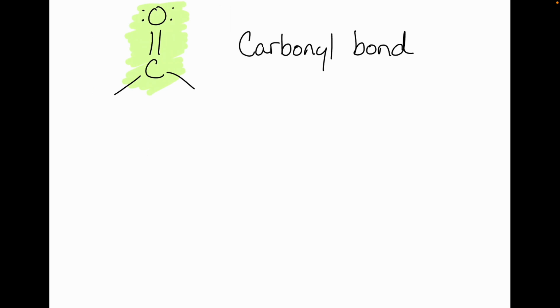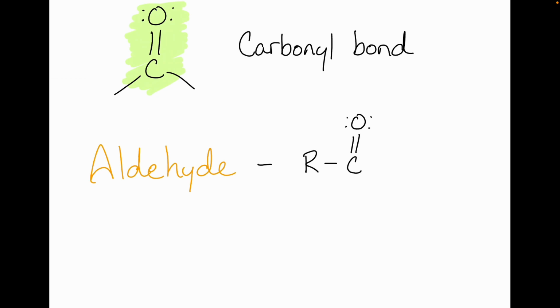All right, so there are three functional groups that contain this carbonyl bond here. The first is an aldehyde. Okay, and an aldehyde's distinguishing factor is that it has this carbonyl group, but there's necessarily a hydrogen bound to that carbonyl carbon.